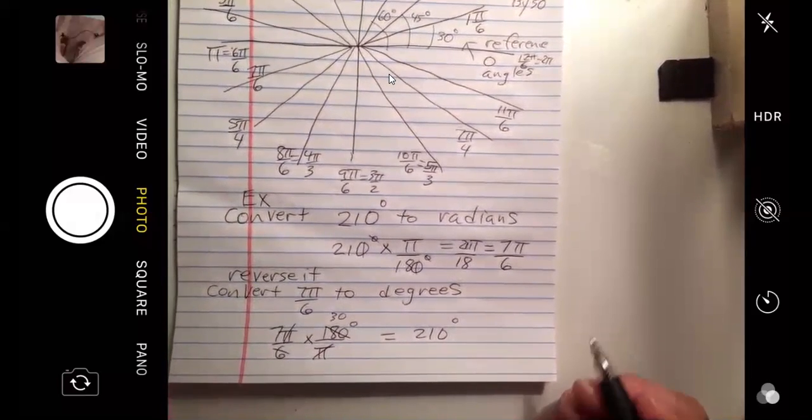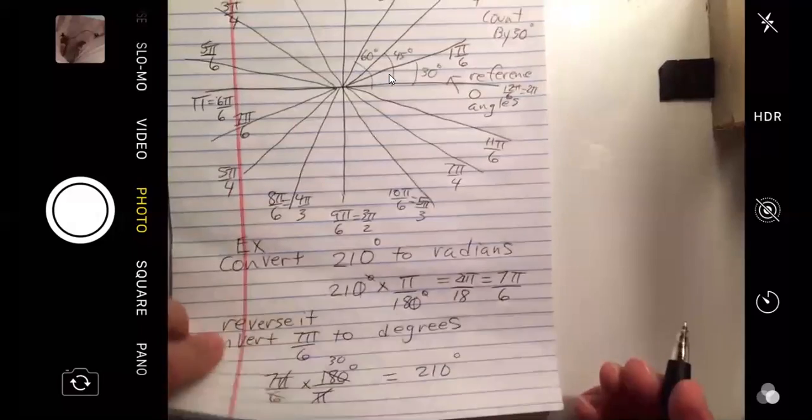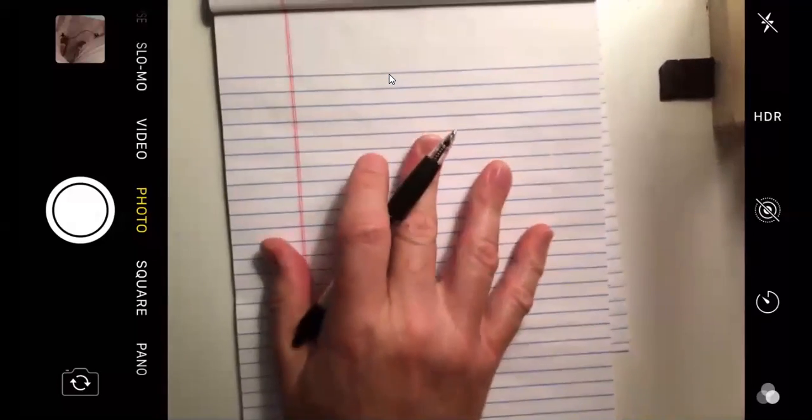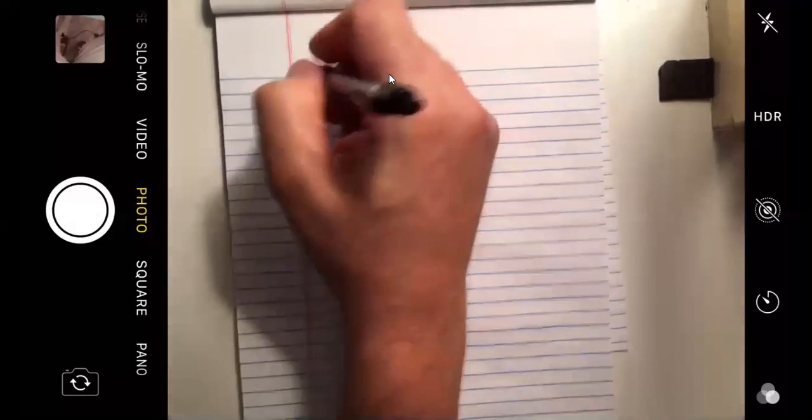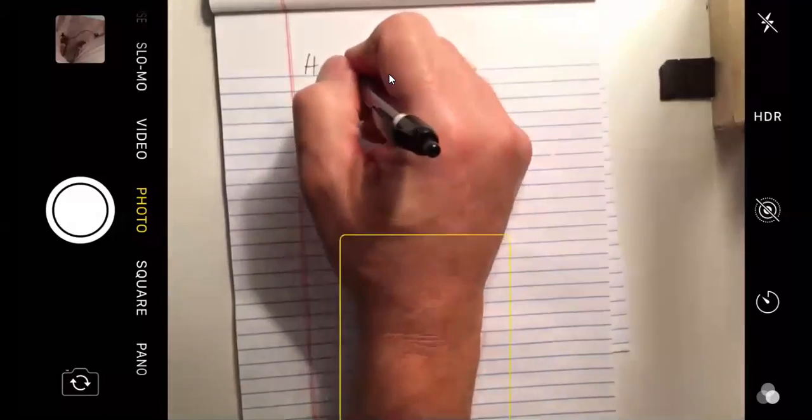Try some examples out of the homework here. I think to avoid a lot of confusion, there's more systems around and we'll get to them later. But for right now, why don't we just try some examples? And homework here is off page. And again, I'll re-send out the assignments.